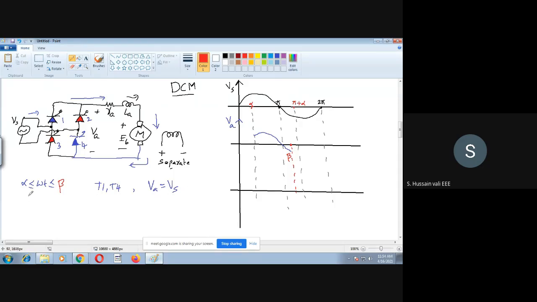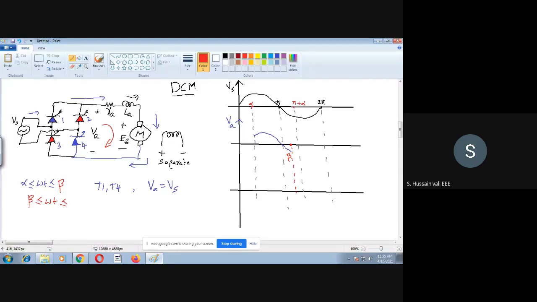Now after beta, that is beta less than or equal to omega t, what will happen? We have seen that there is no current in this closed path. Still, remember the motor is running, and when the motor is running, there will be back EMF, that is EB, after beta.